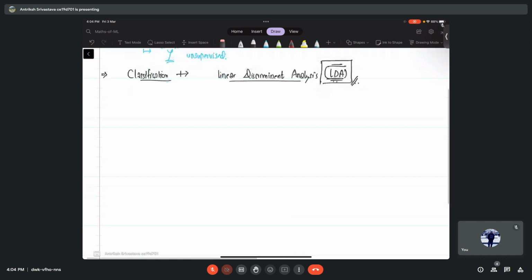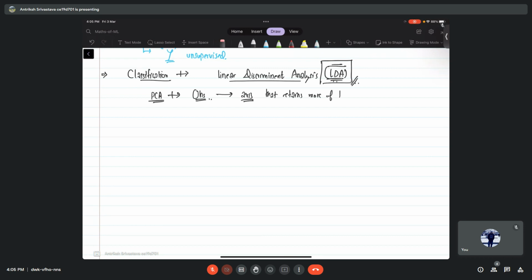In PCA, if you recall, what we wanted to do is shift or rotate or transform our observations into an axis that retains most of the variability of the data. When we say variability, we actually wanted to preserve the information.